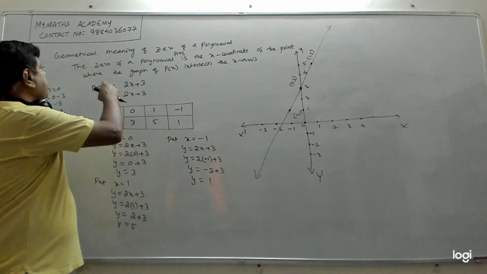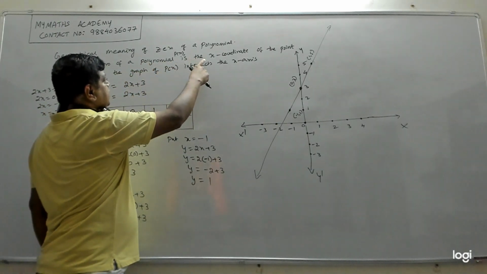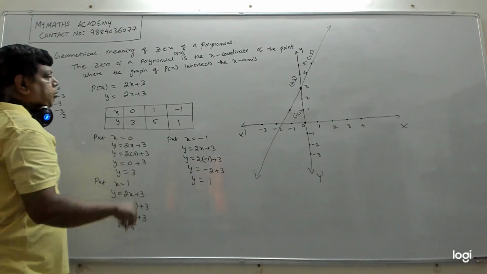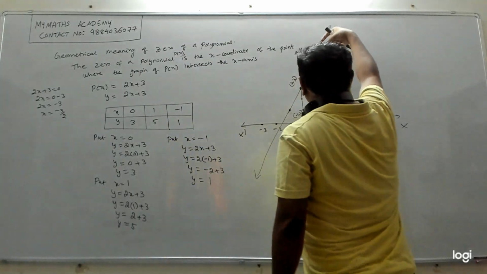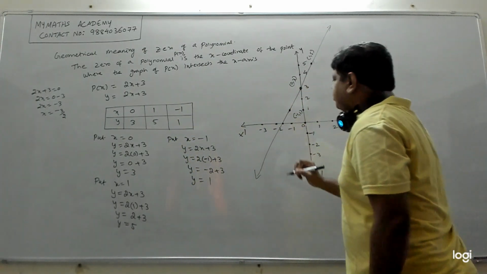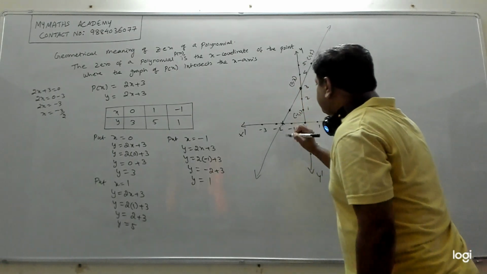Now as per the definition of the geometrical meaning of the zero of the polynomial p of x, it is the x-coordinate of the point where the graph of p of x intersects the x-axis. Where does the graph intersect the x-axis? It intersects at this point.